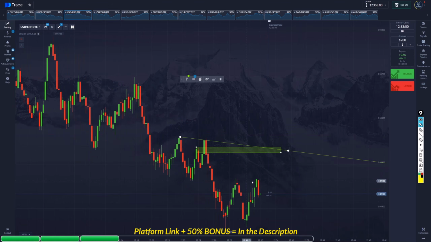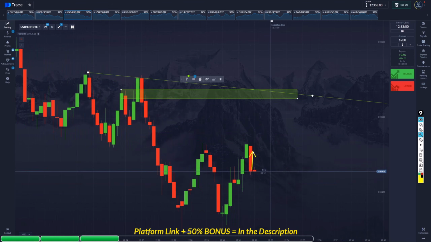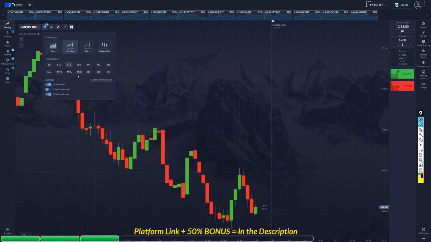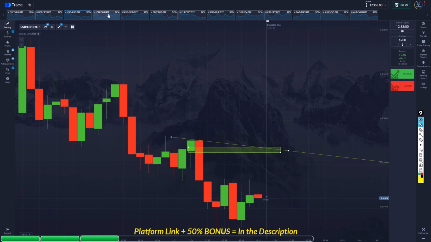And yeah, we should just wait for price to reach this area. Okay, let's just check other pairs. Let's go back to the 1 minute.